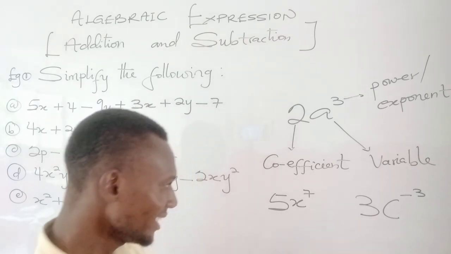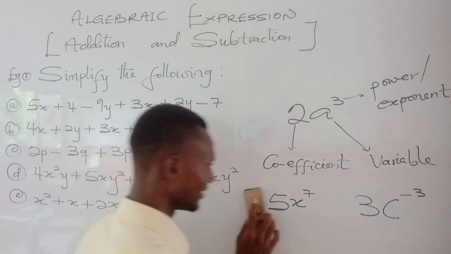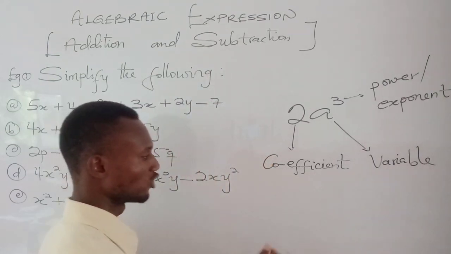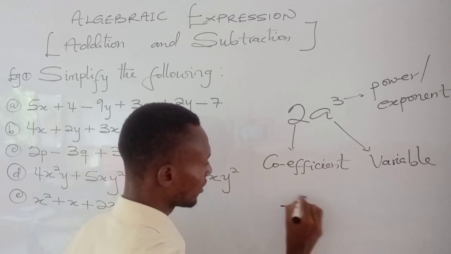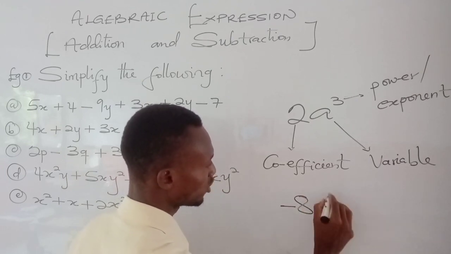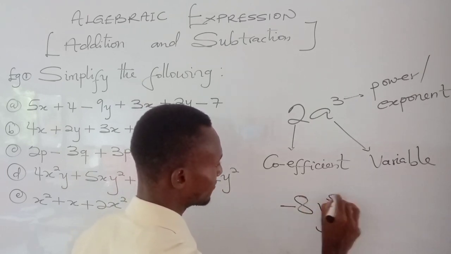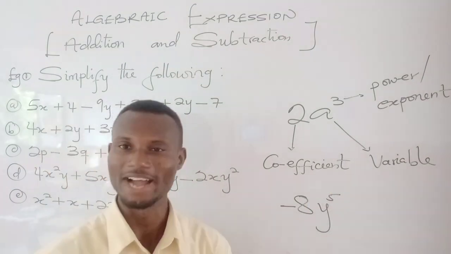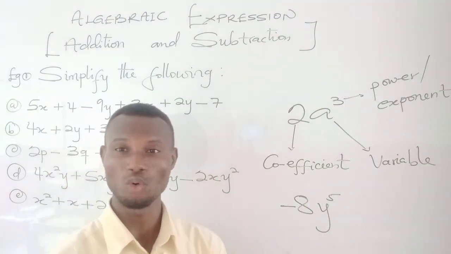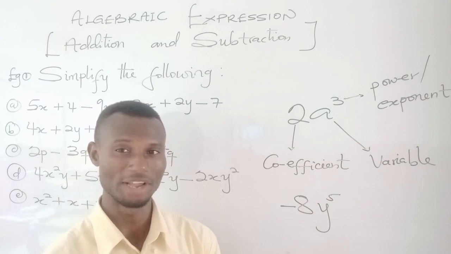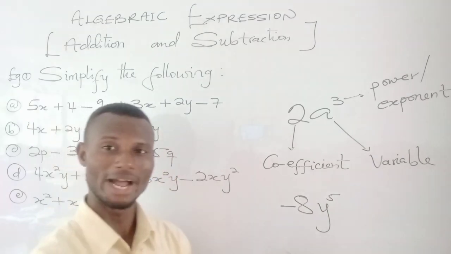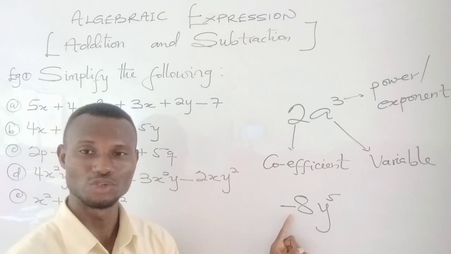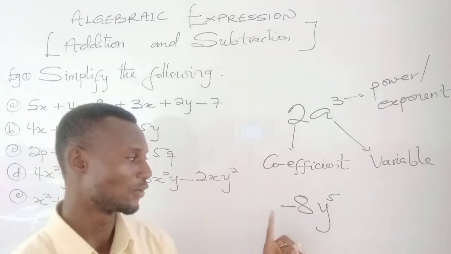Okay, now let me clean this and let's look at other examples. Assuming I have minus 8y to the power 5. If I ask for the coefficient, it is the number in front of the variable, which is going to be the minus 8. Take note of the sign.